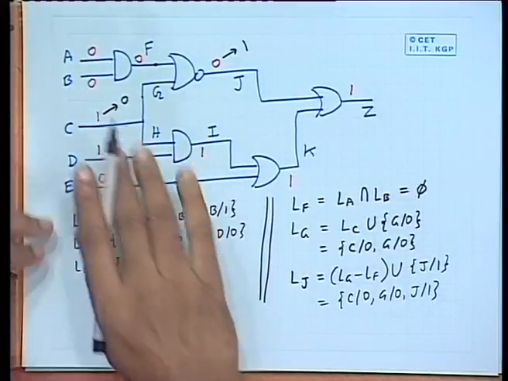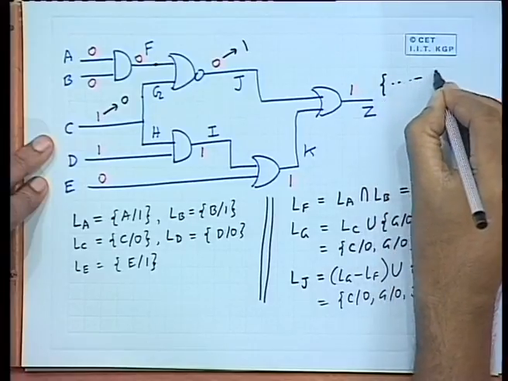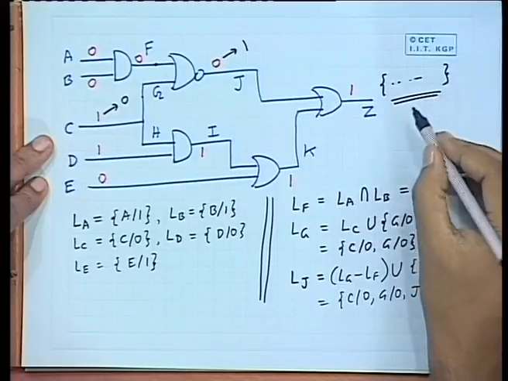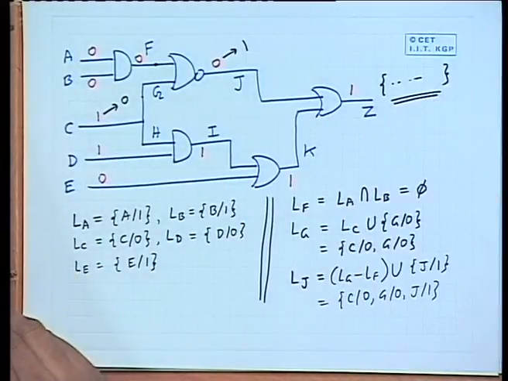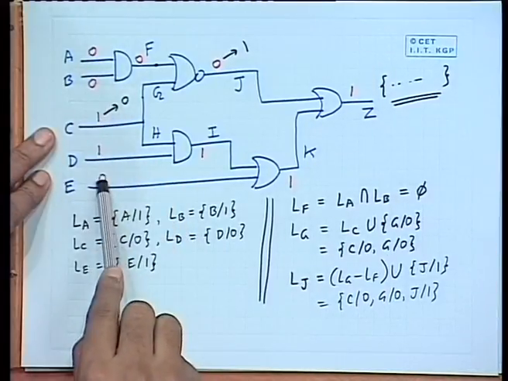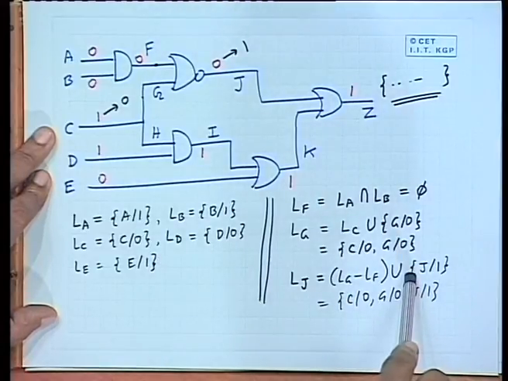So, in this way you can systematically proceed till you will get some fault list in the output Z. So, whatever you get in the output Z, those will be the faults which are actually getting detected. Now, after this pass, when you apply the second set of input vectors, you do not throw away the lists which you have already calculated.